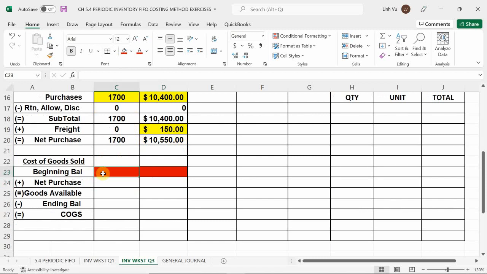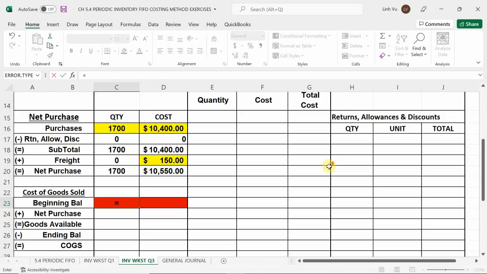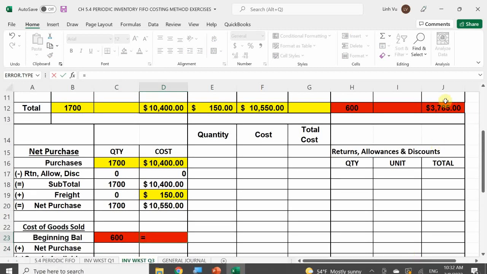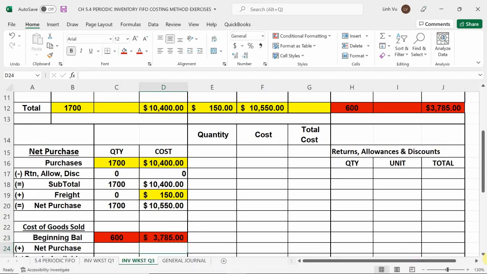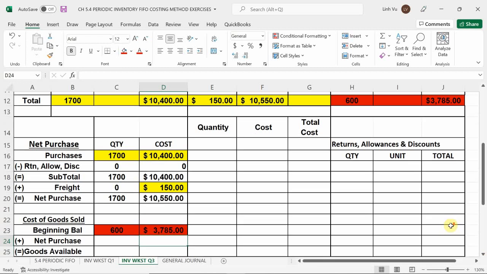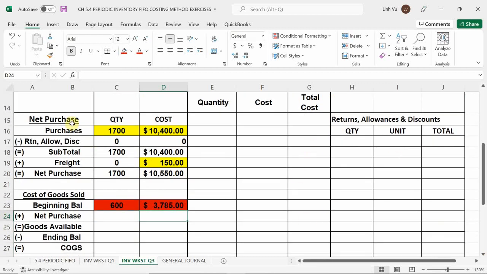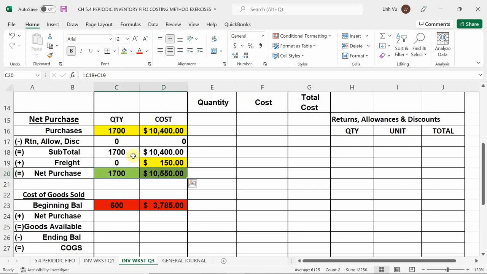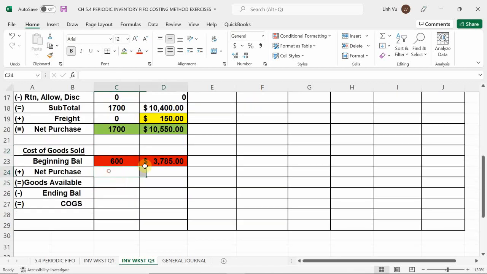So in this case, I'm going to carry over my beginning inventory from here, 600 plus the 3,785. That's my beginning inventory. And again, my net purchases is what I'm going to carry from above here because that's what I solved. And I believe I made this green. Okay? So therefore, this is also going to be green because this is where I'm carrying this number from.